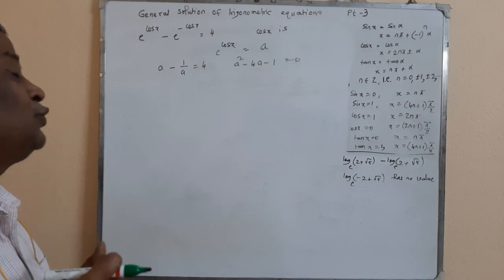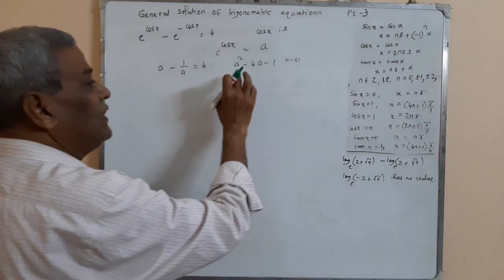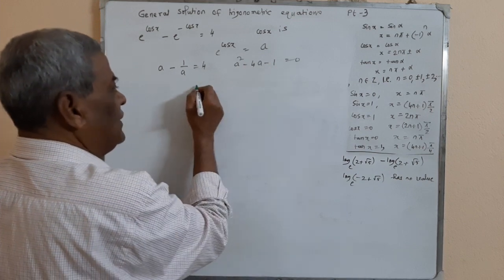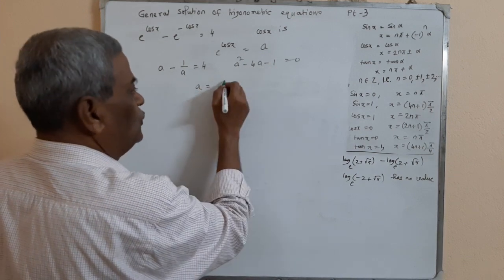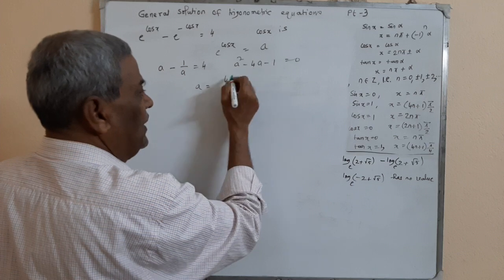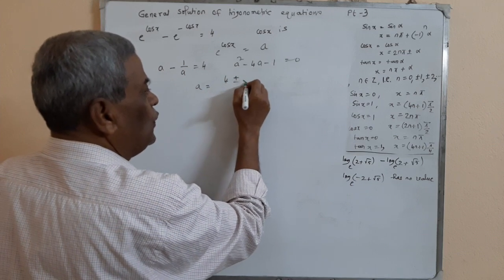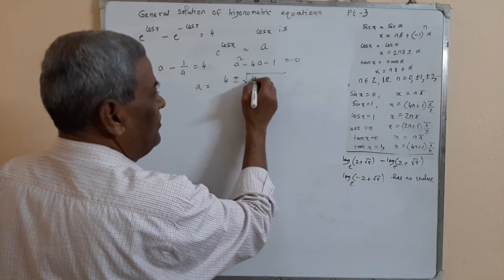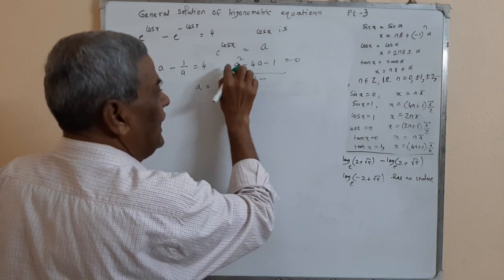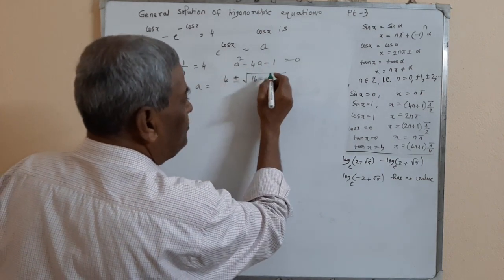A must have 2 values, but it is not possible to factorize. So a is equal to minus b plus minus root over b square minus 4ac.